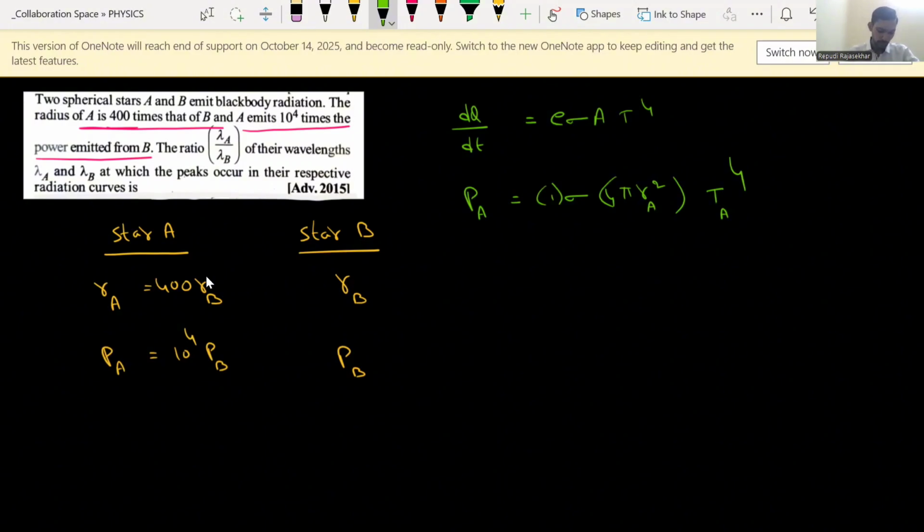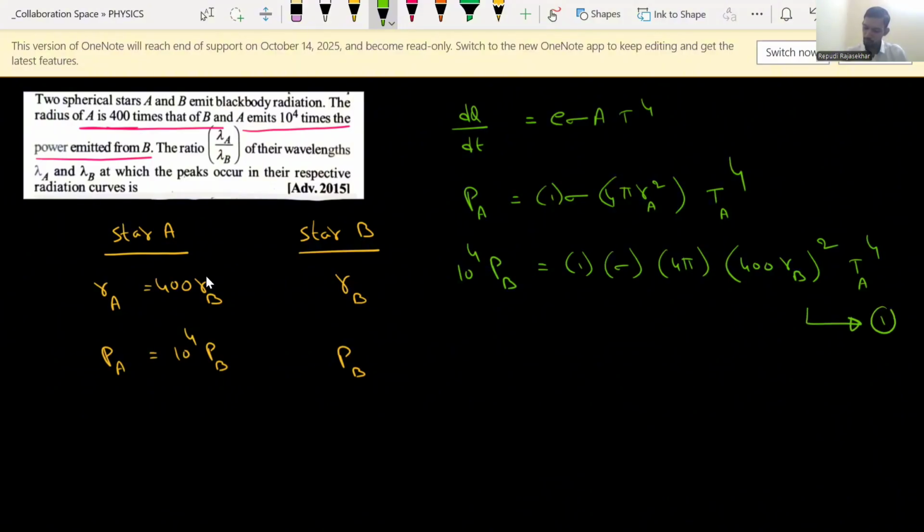What is the power of A given in the question? 10 to the power 4 times the power of B. So it equals 1 into sigma into 4 pi into the radius of A, which is 400 times the radius of B, whole square, into TA power 4. Let us call this equation number 1.